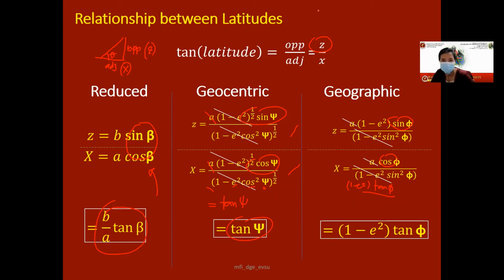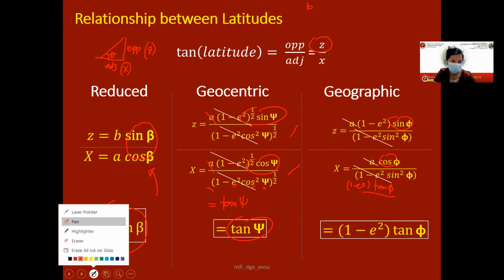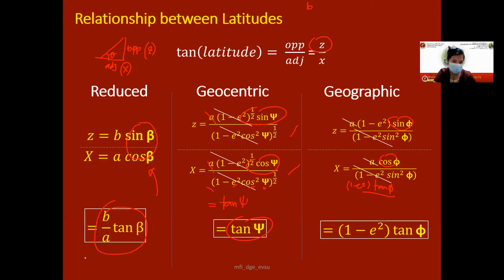So the relationship of these three latitudes can be written as b over a tangent of the reduced latitude is equal to tangent of chi is equal to 1 minus e squared tangent of phi.